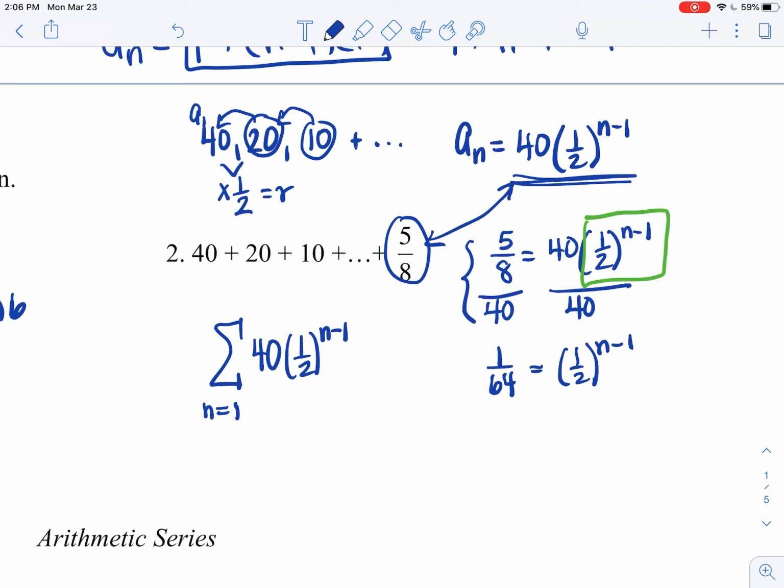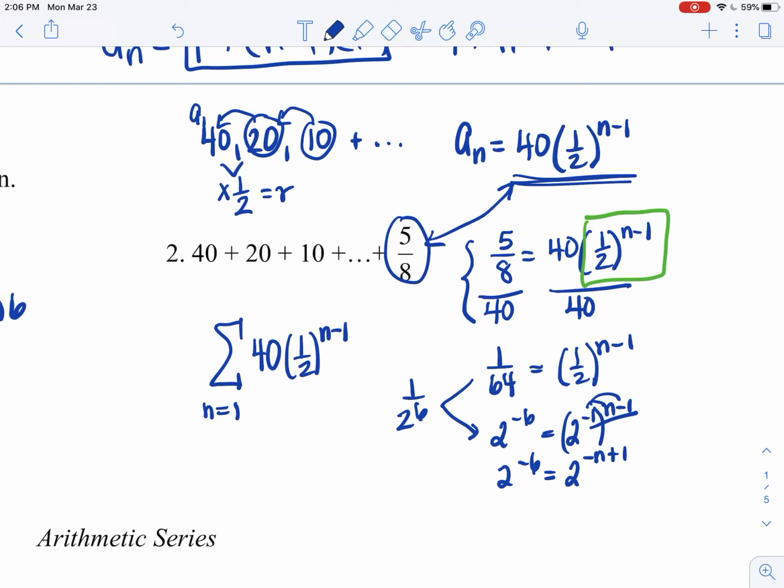If I rewrite 64 as some number being raised to a power, 64 is actually 2 to the 6th. So if I have 1 over 2 to the 6th, hopefully you remember that can also be written as 2 raised to the negative 6. On the right-hand side, if I make this 1/2 into 2 raised to the negative 1, raised to the n minus 1, if you have a power raised to a power, they get multiplied.